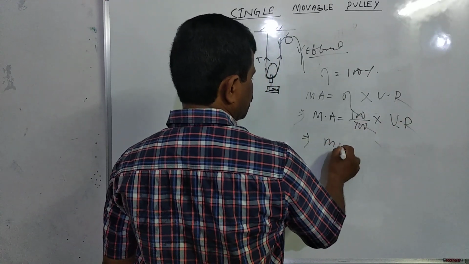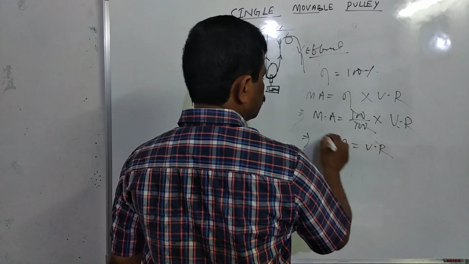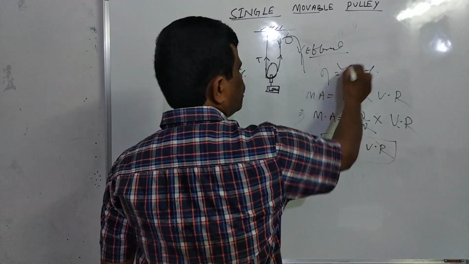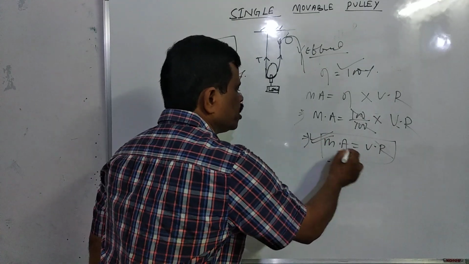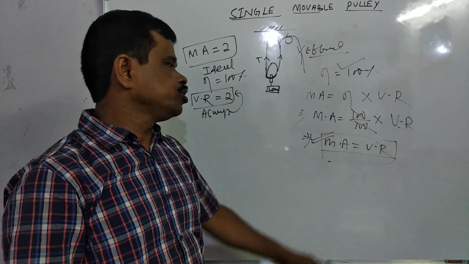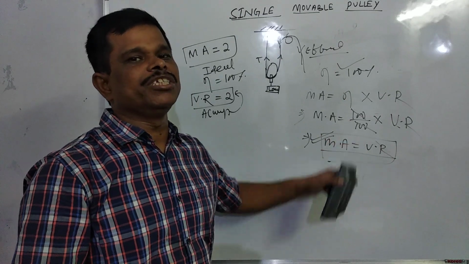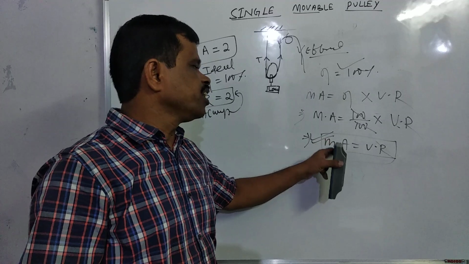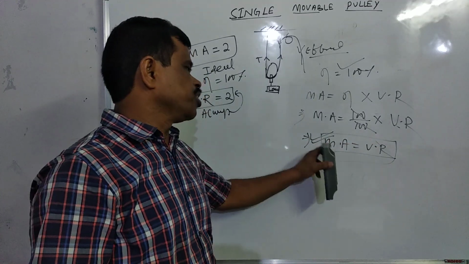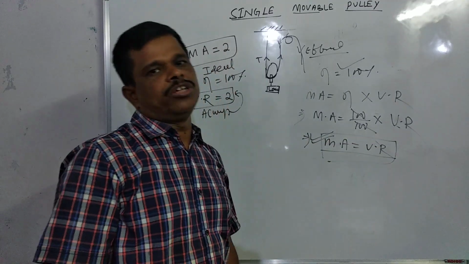So mechanical advantage is equal to your velocity ratio. So for an ideal machine, efficiency is 100%, always your mechanical advantage is equal to velocity ratio. This is a most popular question of ICSE: in an ideal machine, what is the relationship between mechanical advantage and velocity ratio? Mechanical advantage is equal to velocity ratio.